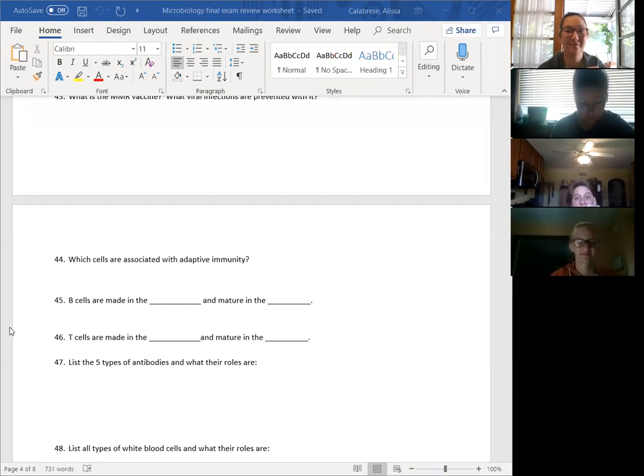Especially when we get into specific adaptive immunity, it's one of the more difficult concepts that we cover. We're going to cover it again. So we'll cover the immune system all over again when we get into A and P. So if it doesn't quite all fit into place just yet, that's okay. We're going to add more detail to it and make it make more sense as we move forward in your course progression here.